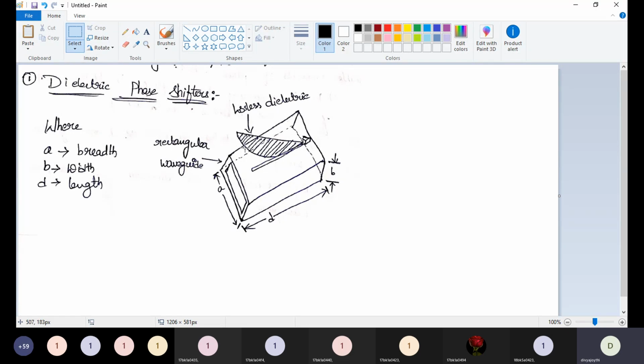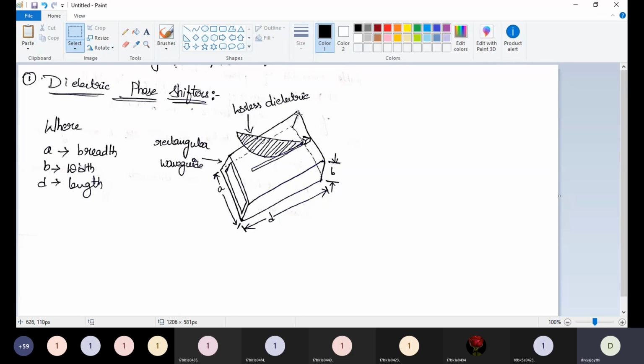When you are introducing this dielectric into this rectangular waveguide, as I told you, by introducing a dielectric into the circular waveguide and into the rectangular waveguide, we can get some amount of phase shift.